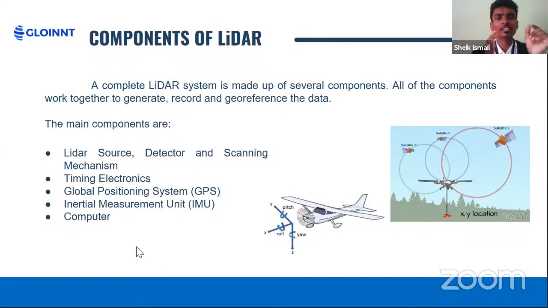So the inertial measurement unit, what is that? The IMU maintains and balances the position of the scanner. For example, I hope somebody knows about gimbal technology in a camera.